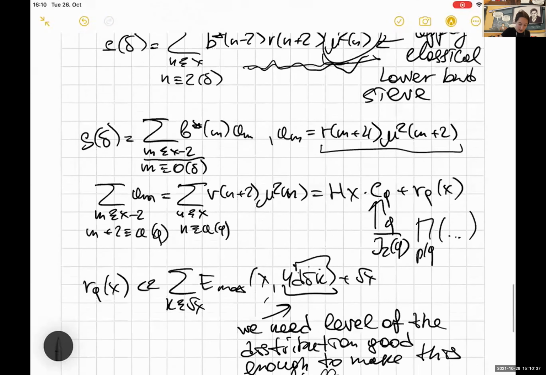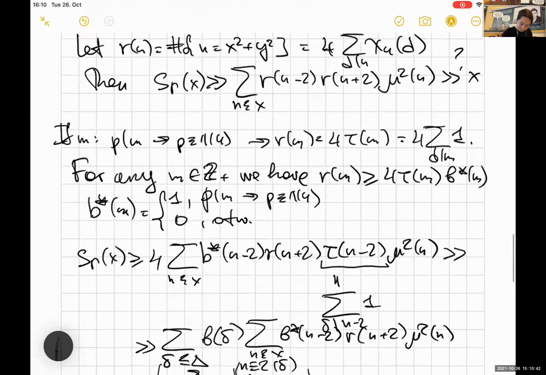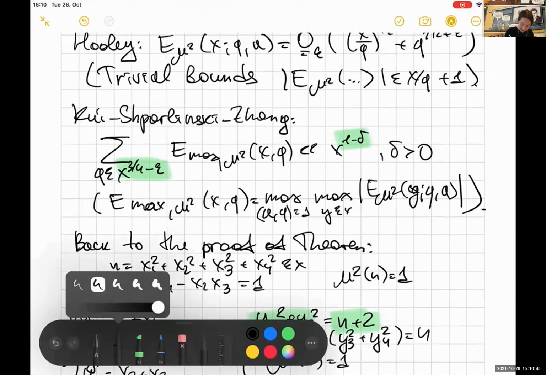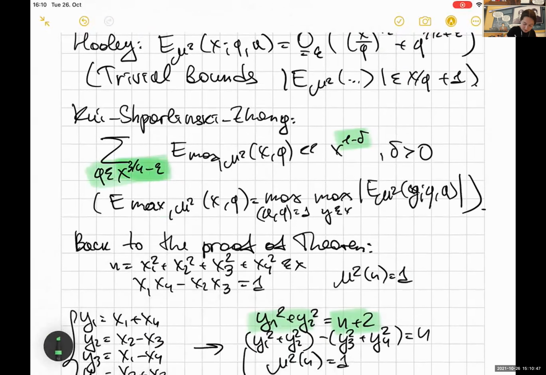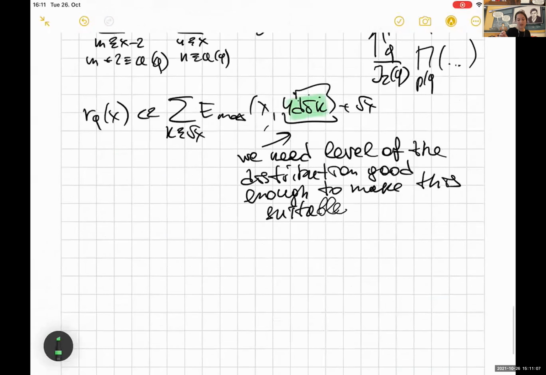And because here, I recall, we had x to the 3/4, and still we got quite nice power savings. So in this problem, we don't need to care about logs at all. So since here we got 3/4, this means that we are far away from x^(1/2), and we are in a good position. So we could adjust all this d, delta, and k to be as a product small enough so that we can apply our estimate on average.